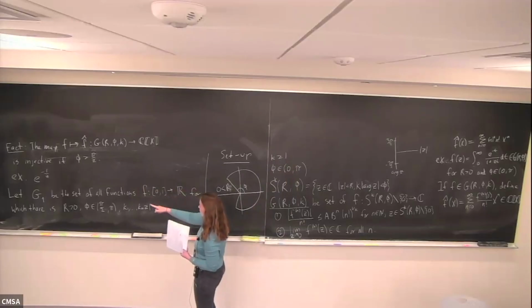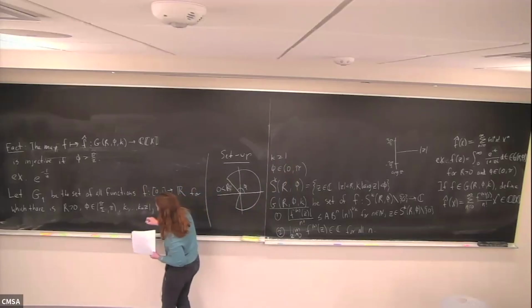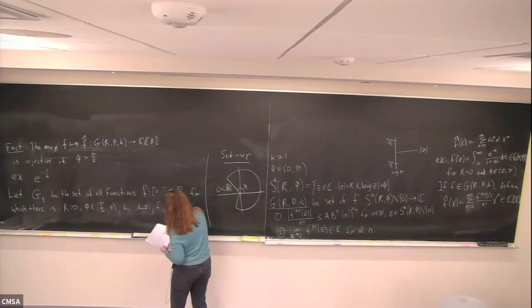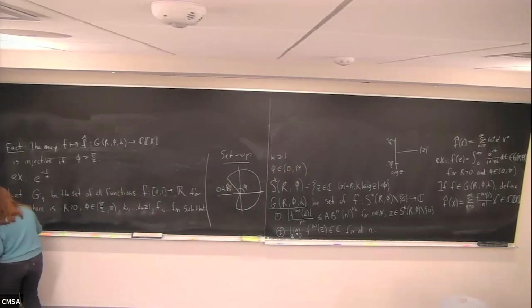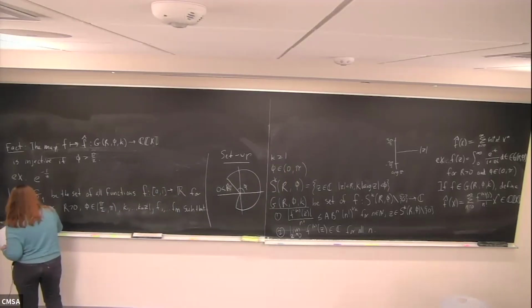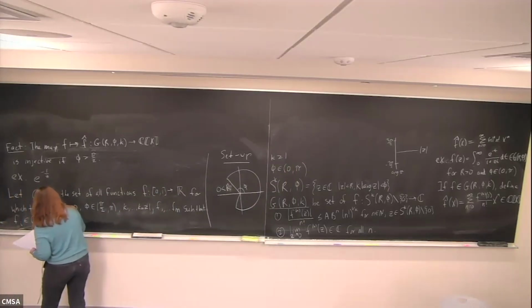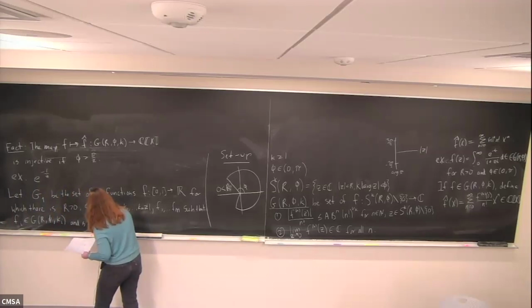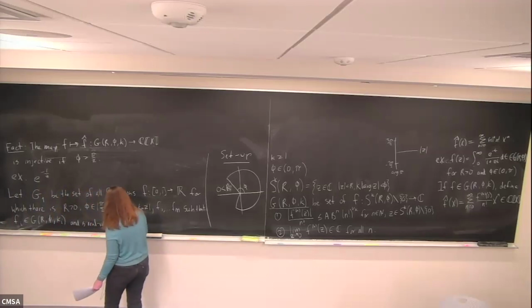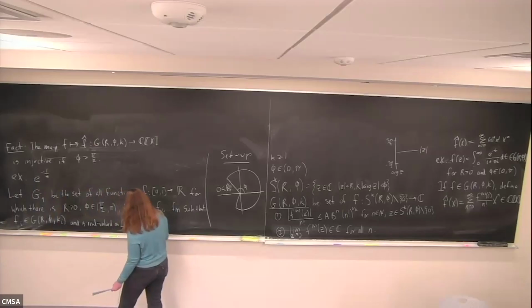So G1 is the set of all such functions for which you have a radius, an angle, finitely many k's, and functions for each of those k's, such that each f_i is in G of R, phi, k_i, and it's real valued when you restrict to the real numbers.